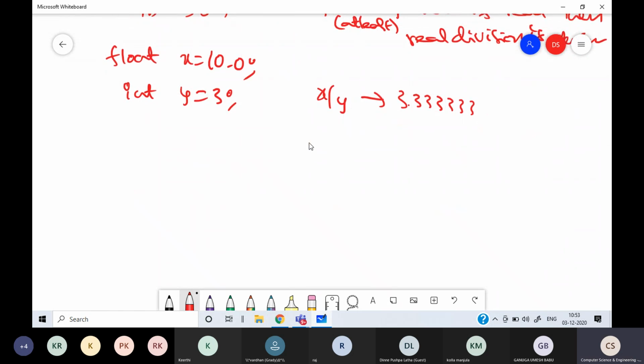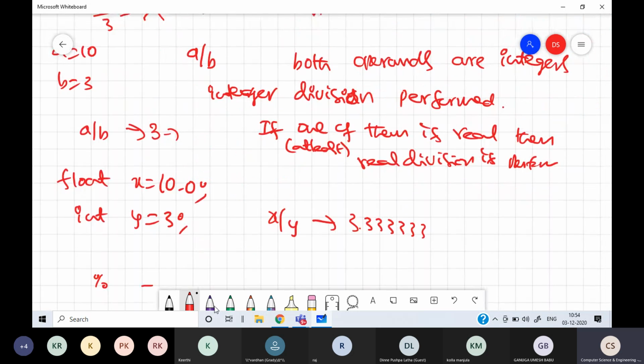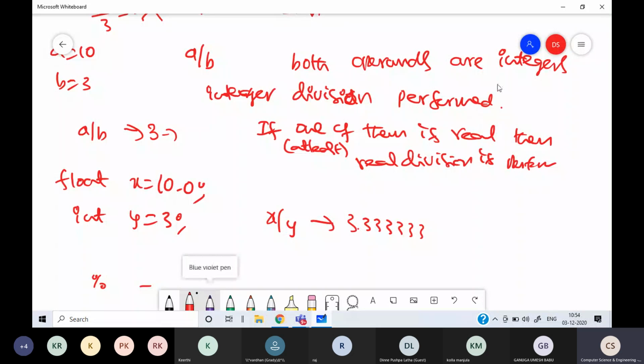Next, I take the percentage operator. The plus, minus, and asterisk operators are almost the same, but one more thing before I go to the percentage operator. When I say both operands are integers, int is integer, short is integer, long is integer, and even character is also integer.